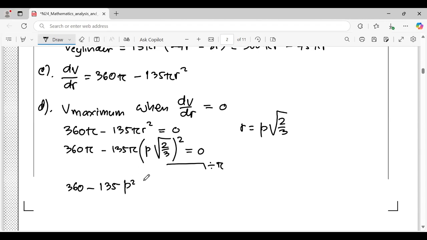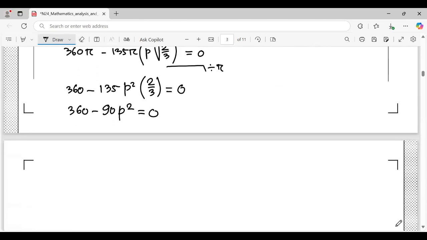p squared, and then it is 2/3 equals 0. Okay, so 360 minus 135 times 2 divided by 3, 270 divided by 3 equals 90. So 90p squared equals 360.